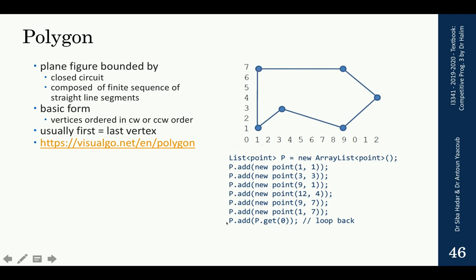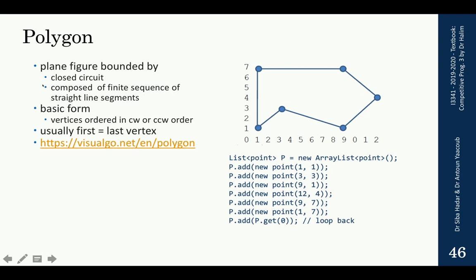So that's why, instead of using a modulo or an if-else statement, we choose as a polygon representation to add the first point to loop back at the end of the list. And you know, in Java, whenever you use the method add for lists, it will add in the order of arrival, so the points will be added in their order.